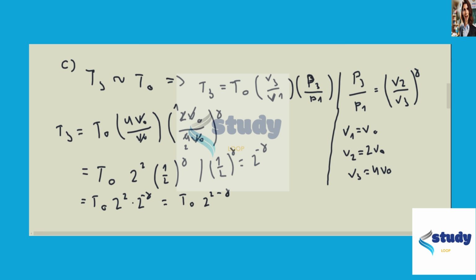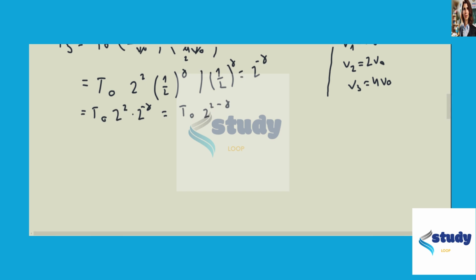Similar was done in the previous part of the problem. Therefore, T3 equals T0 times 2 to the power 2 minus gamma, and this is the final answer for part C.